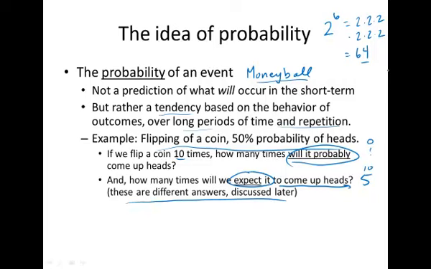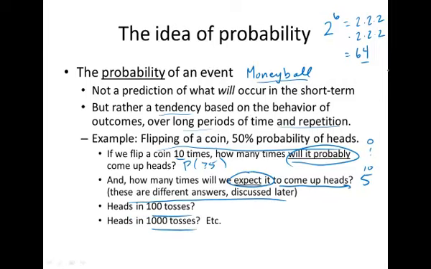So we don't say that the probability is 5 out of 10. We have to say something else. We might say something like, what's the probability that it comes up at least 5 heads? Things like that. So we'll talk about that more later. What about 100 tosses? What about 1,000 tosses, et cetera?